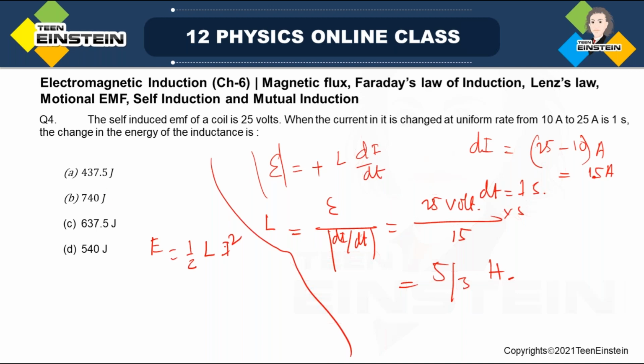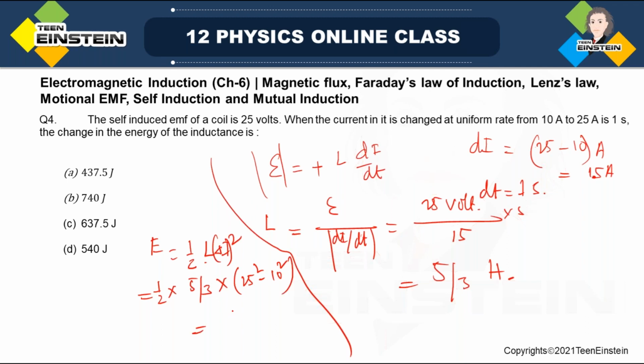So half L delta i square, the square of the change in the current. L is 5 by 3 Henry, we have got, so half L di square, 25 square minus 10 square.